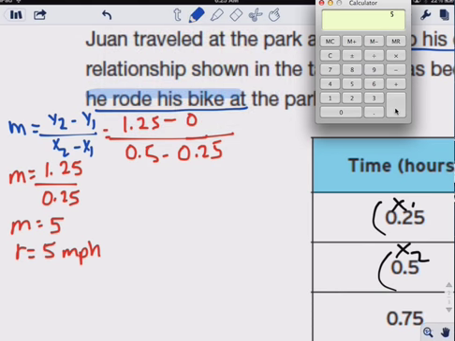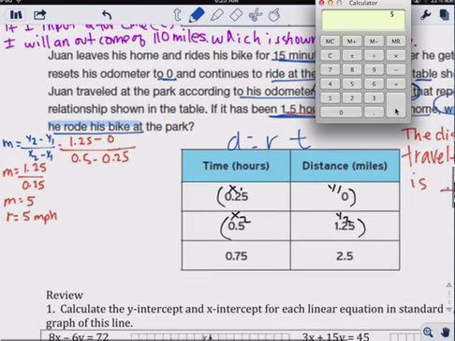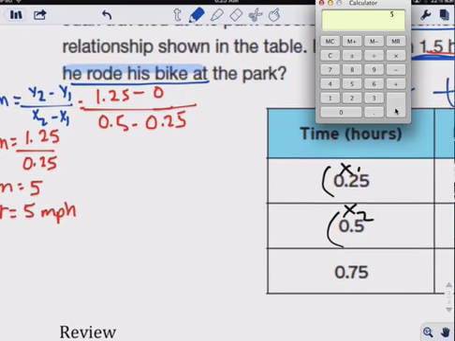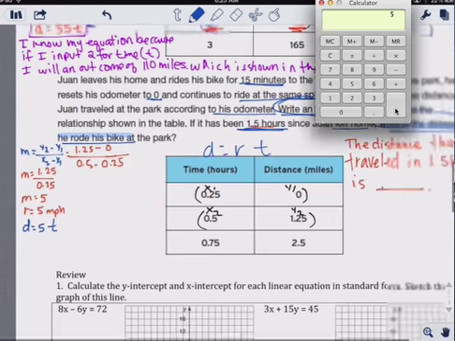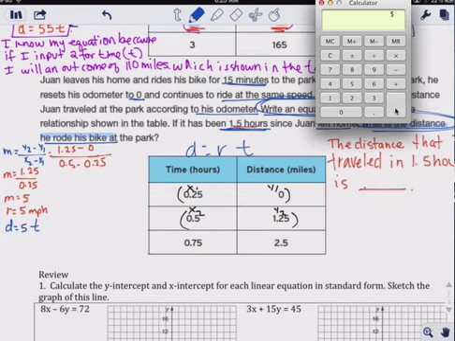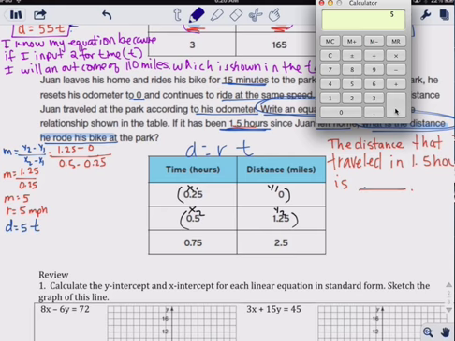Okay, so then you know this is distance equals rate times time. So d equals rate, which is 5, times time, which is t. So how do we know our answer is correct? Let's check. Doesn't look right to me, but we'll check and see, because some of you will stop right here.